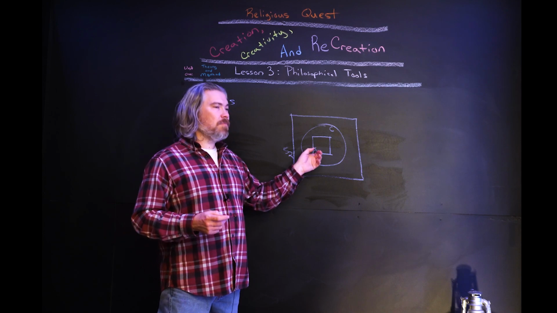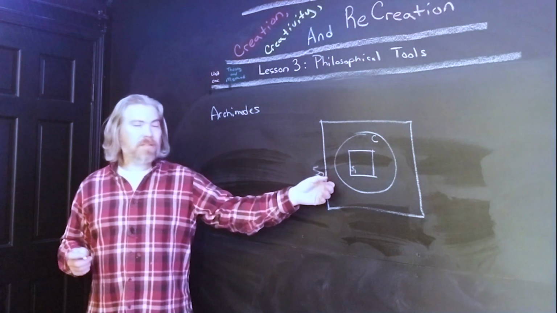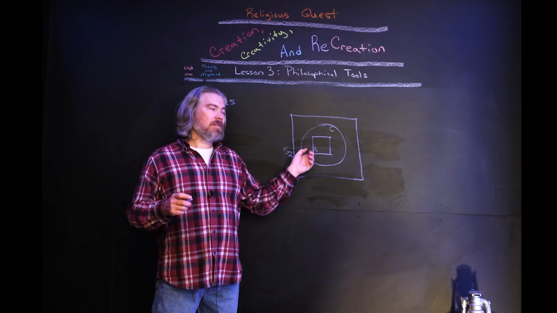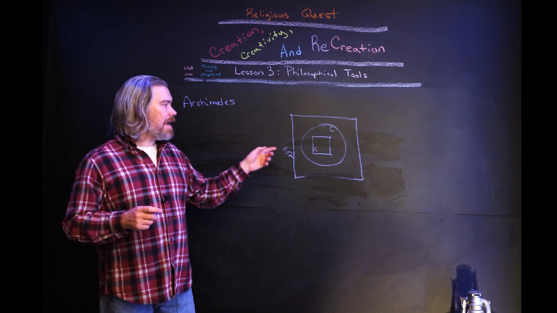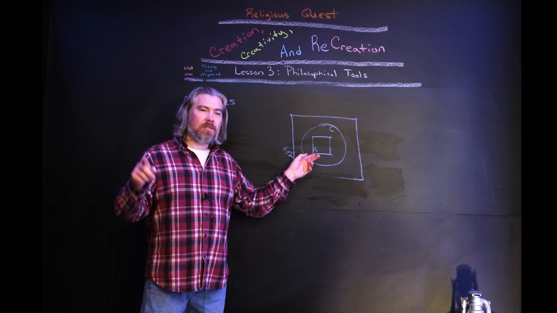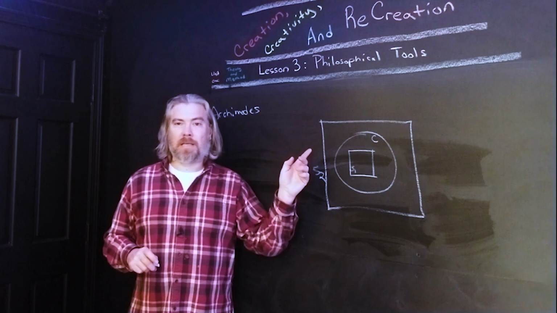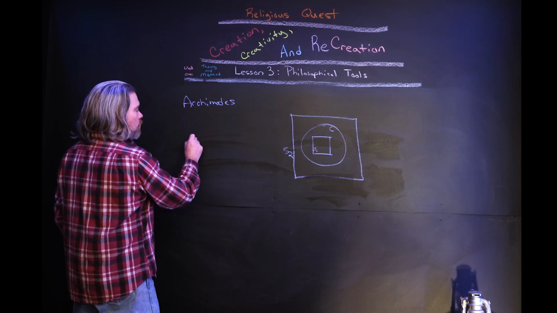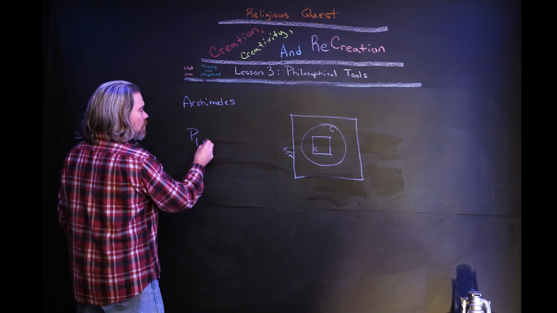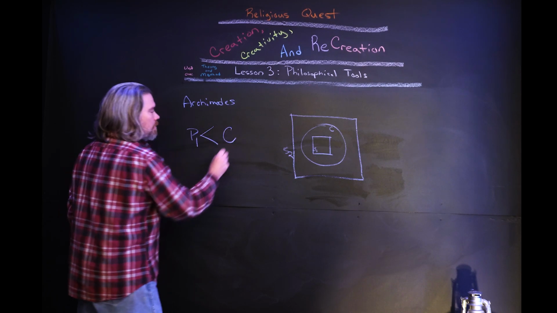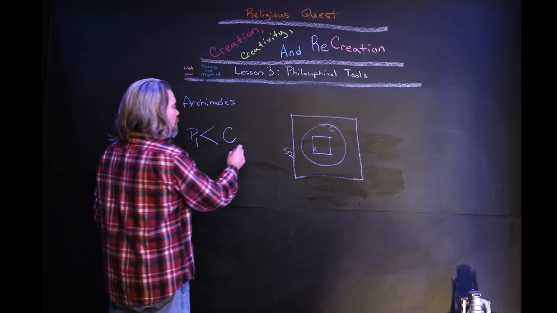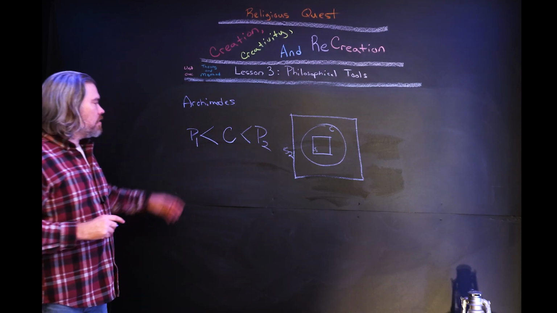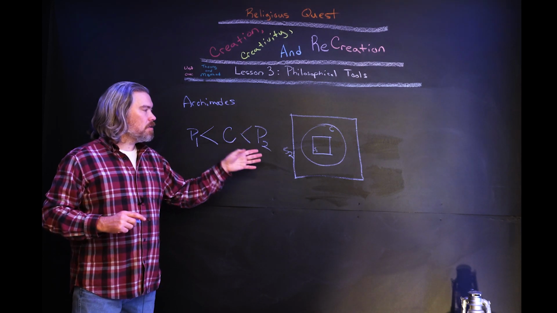He said, given that there can be a square whose perimeter is smaller than a given circle C, and a square whose perimeter is larger than that circle C, then there must be a square whose perimeter is equal to the circumference of circle C. Let's call the perimeter of square 1 P1. So P1 is less than C, which is less than P2, fine.